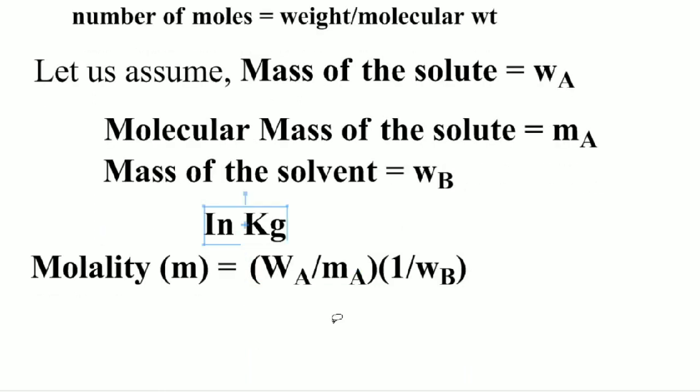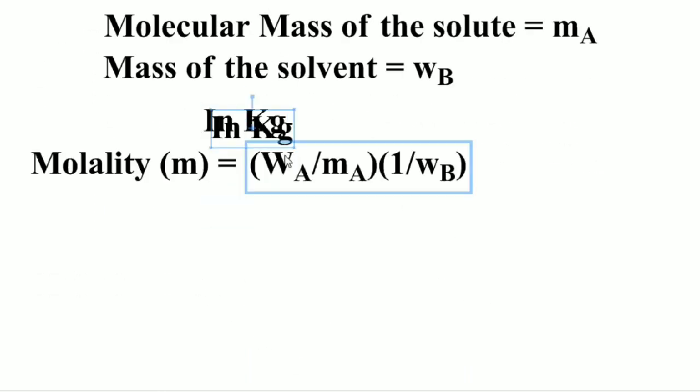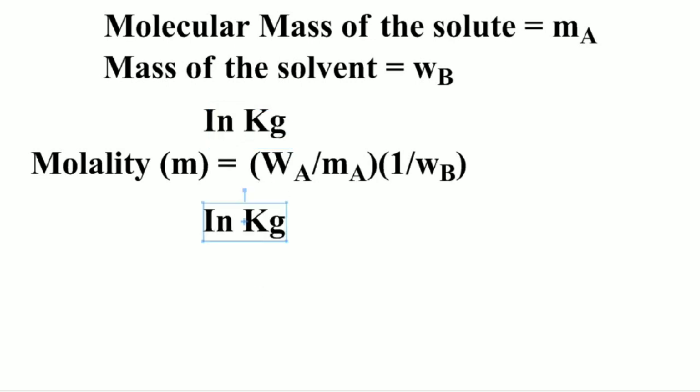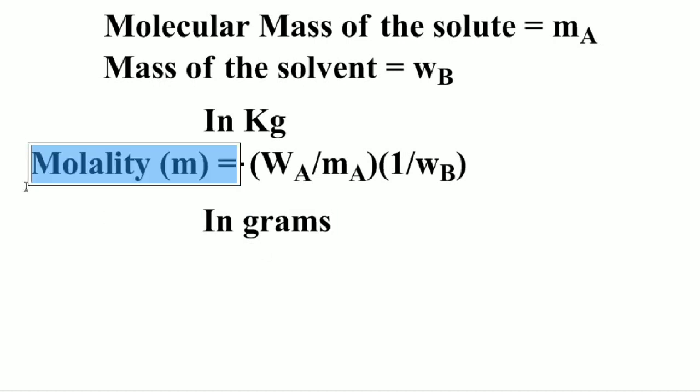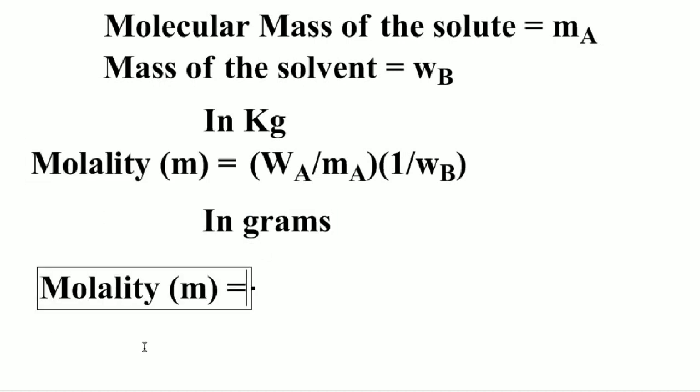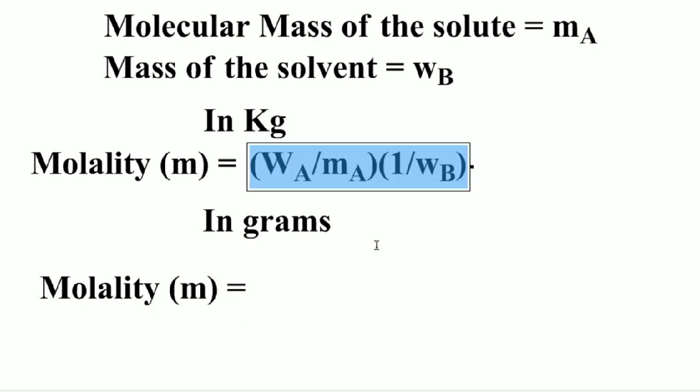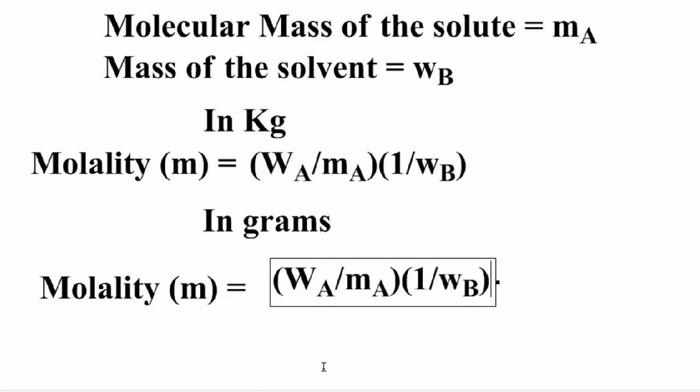Therefore, students, if you write the mathematical form of the molality in grams, we can write the equation like this: molality, small m, is equals to WA by MA into 1000 by WB.